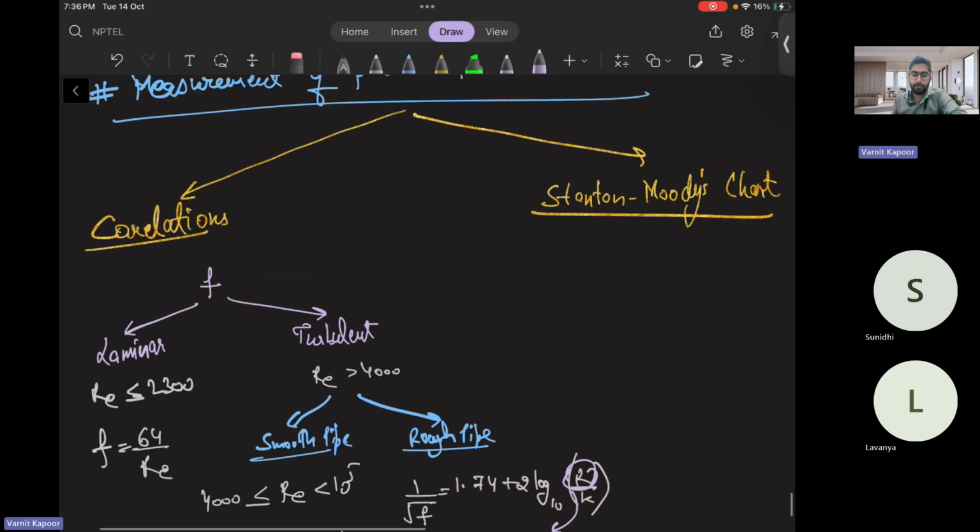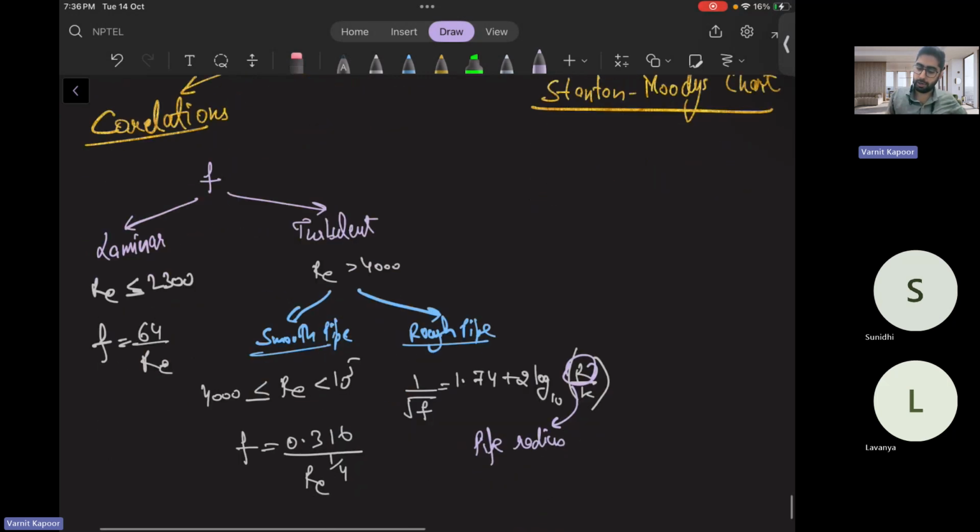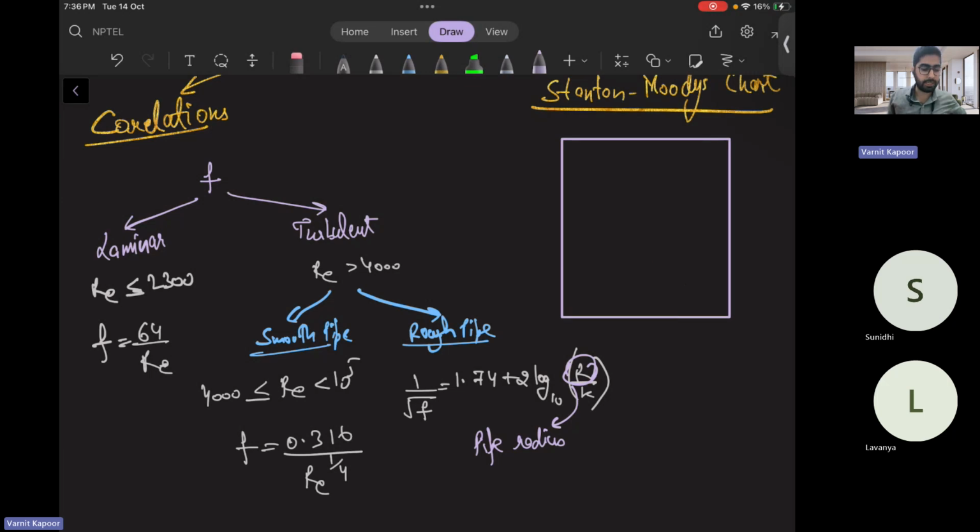Whereas you will see the Stanton Moody chart. I won't discuss that here, but I will just tell how it looks. It looks somewhat like this. You have a chart like this. You have a laminar regime, a Reynolds number regime, up till here suppose Re less than 2000, 2300 or whatever.